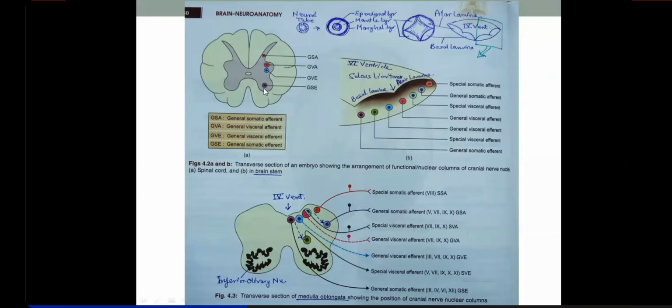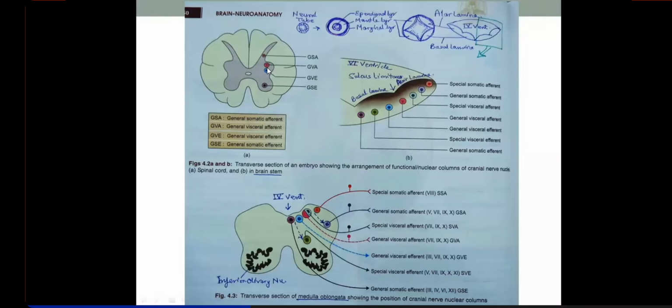So this is one functional arc. Sensations from the soma, the body wall, will enter, and move out through the effector, stimulating the neurons in the anterior horn, and that functional column is called general somatic efferent, right? So these are two functional columns.